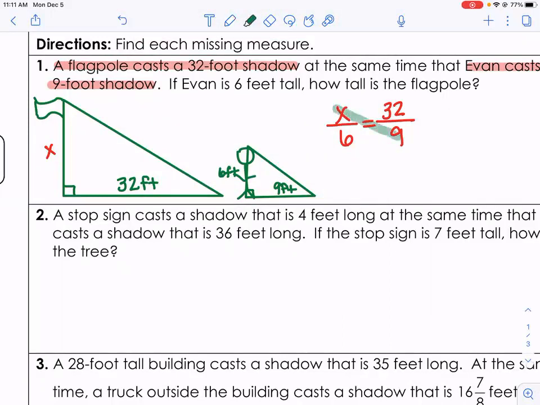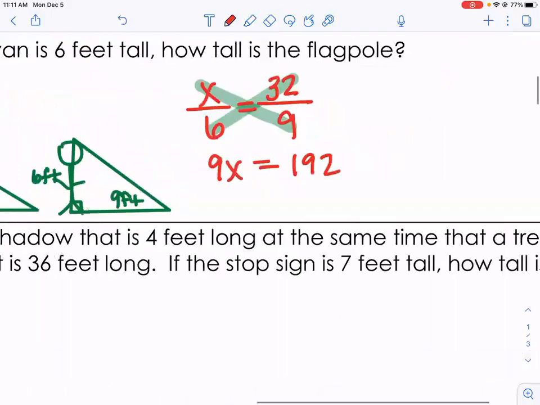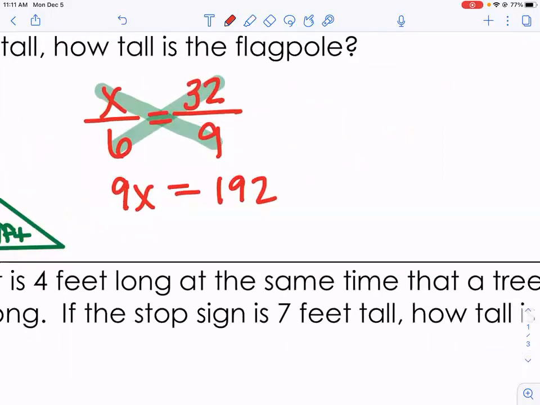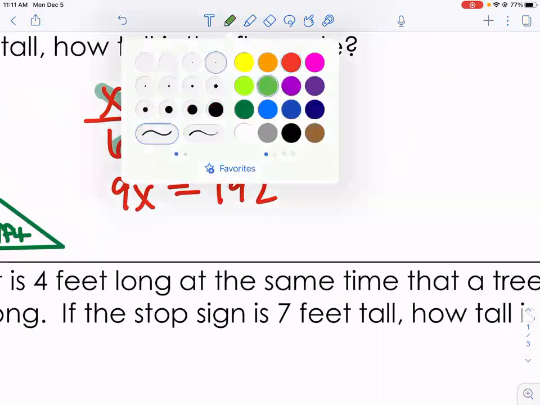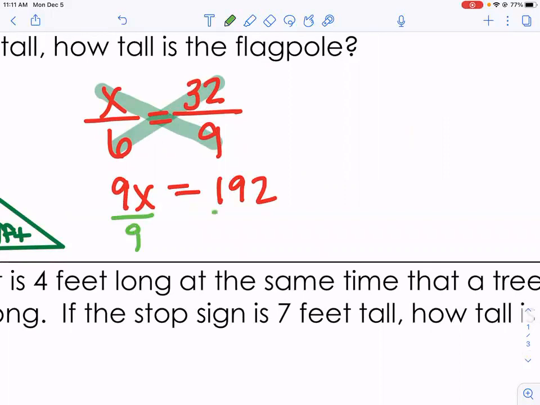If I take x times 9, we get 9x. And if I take 32 times 6, I get 192. What did you get? 21.3333. Okay, so when you take 192 divided by 9, you get 21.3.